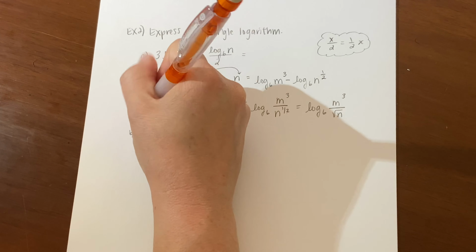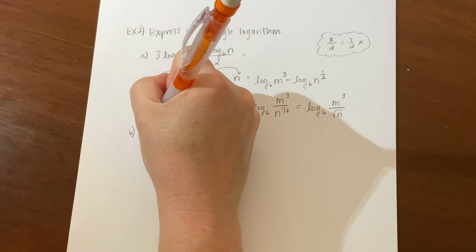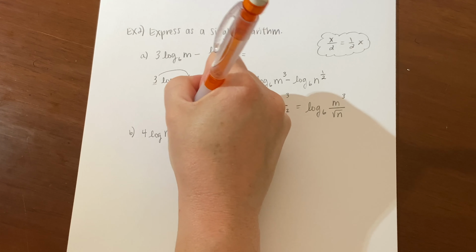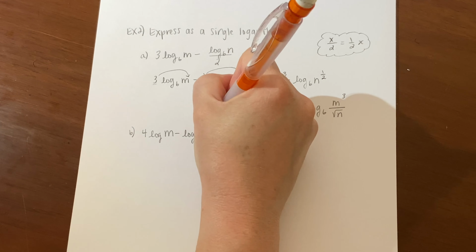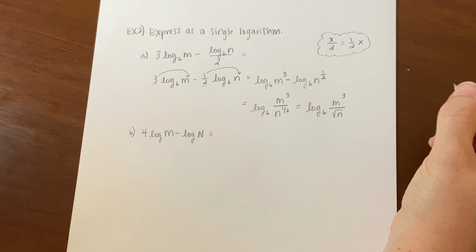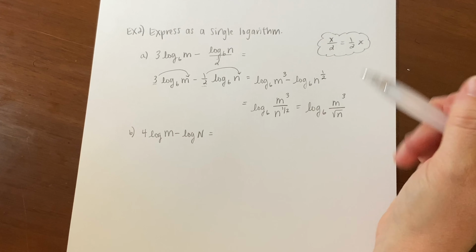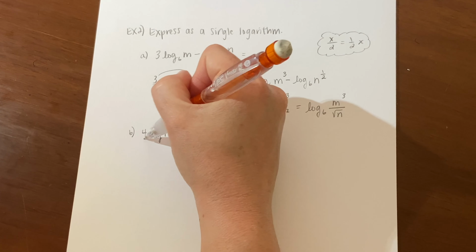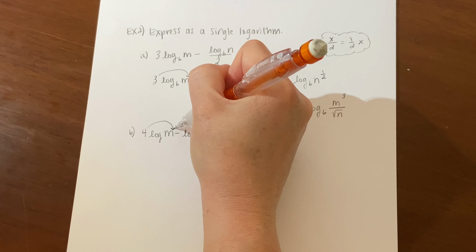All right, so we're going to do this one. We've got 4 log of m minus log n. This one's actually a little bit simpler than our first example. We've got this number out in the front as a coefficient. Remember, our coefficients become exponents.